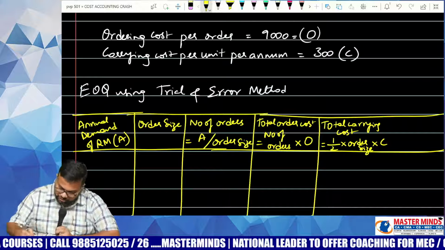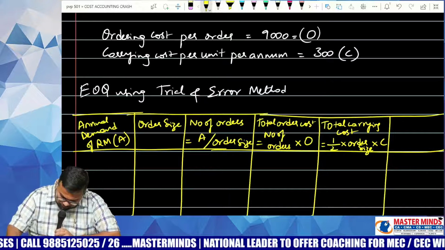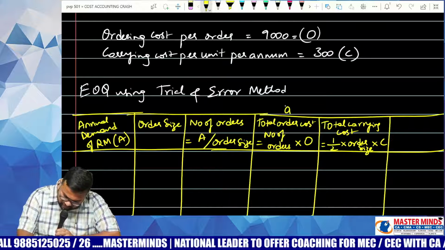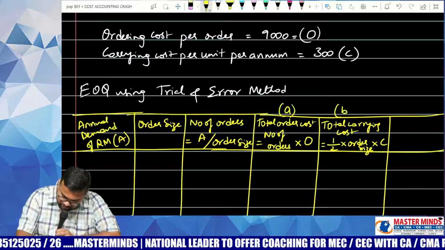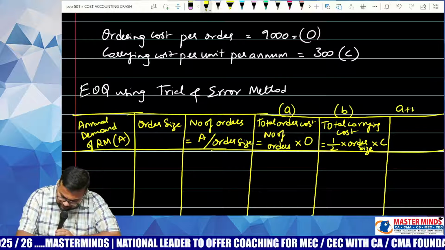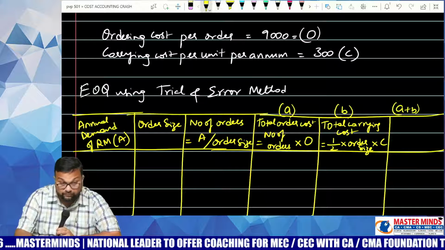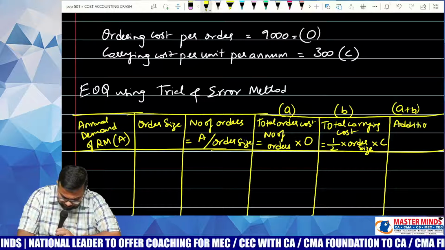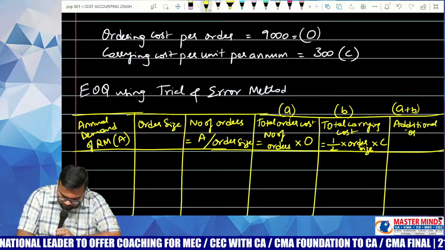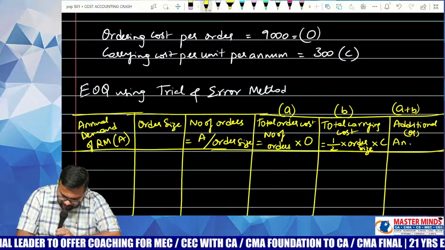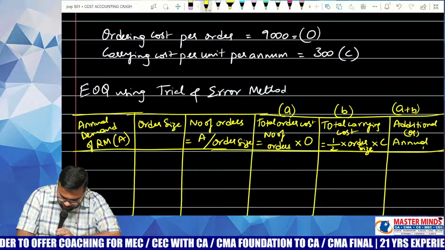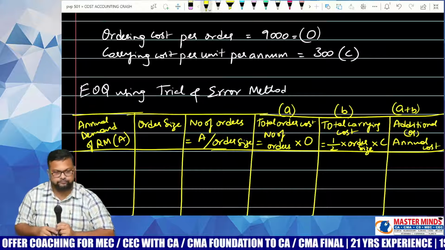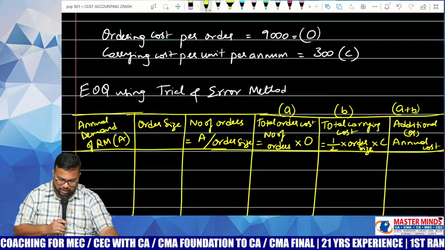When we add these two, you will get additional cost, or can also be called annual cost.